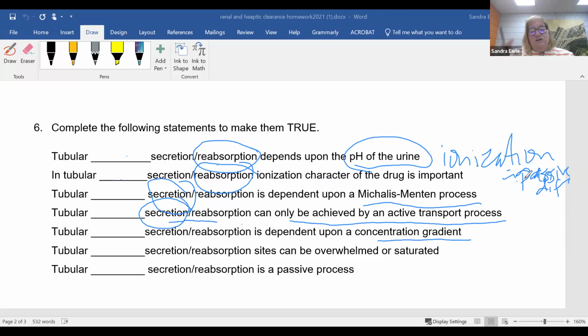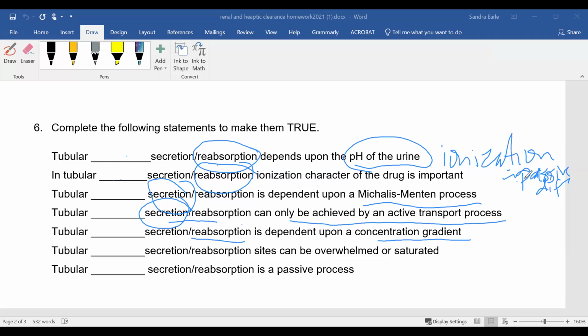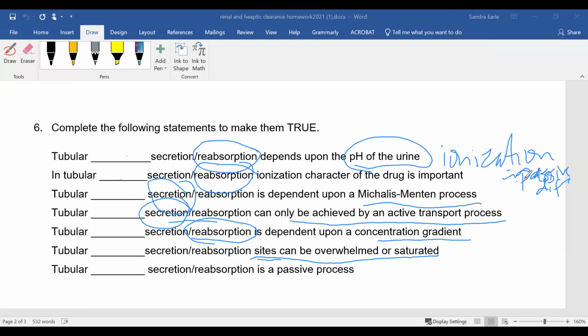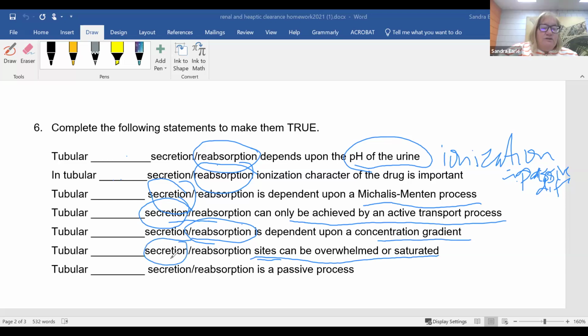Tubular secretion or reabsorption is dependent upon a concentration gradient. Which one needs a concentration gradient to power it? Reabsorption. Very good. Which of these sites can be overwhelmed or saturated? Secretion. Very good. We have a fixed number of secretion sites.